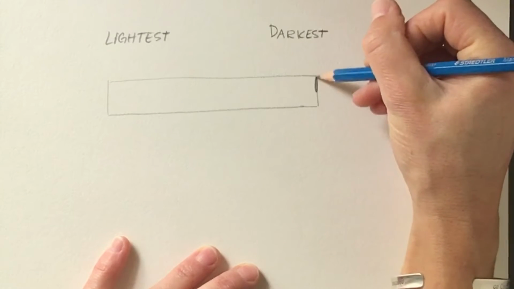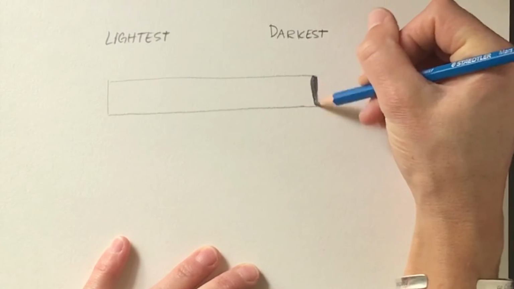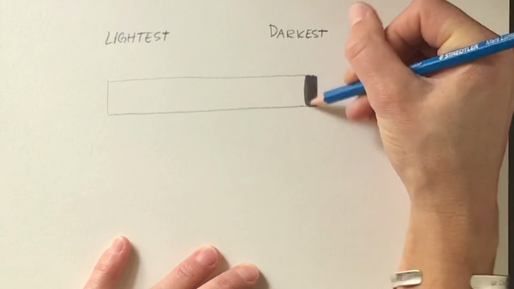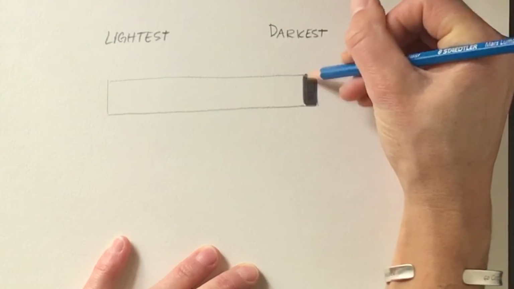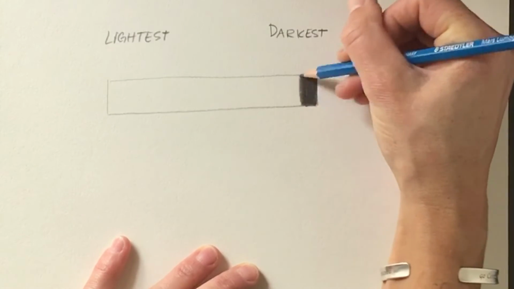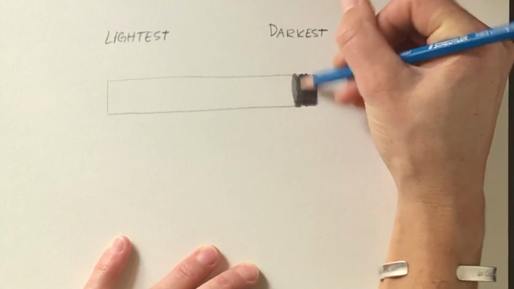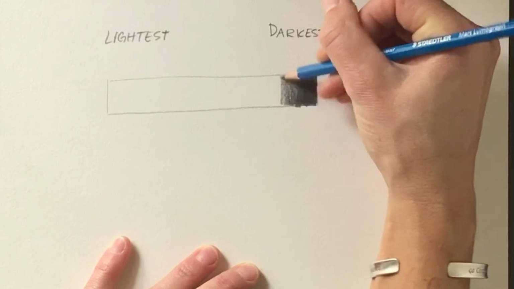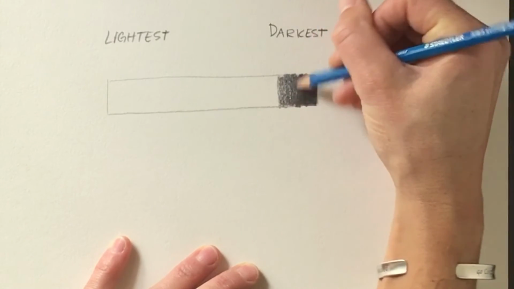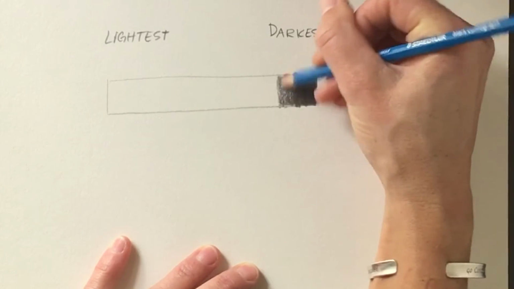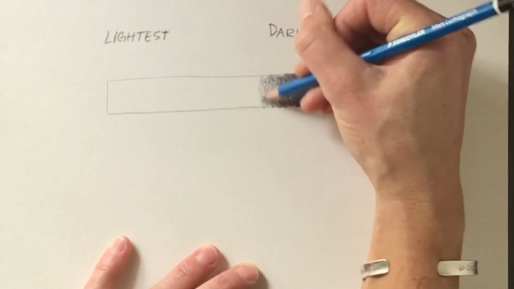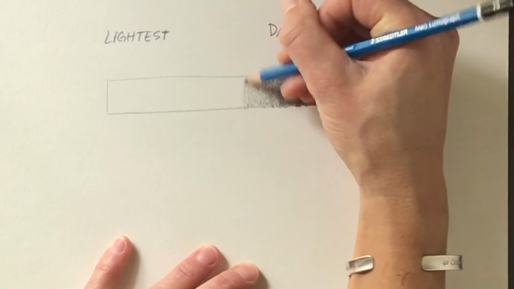But I'm going to start by pressing really, really hard with my pencil. And I'm going to work from really dark, hard pressure to lightening my pressure on my pencil. I'm trying to create as many different shifts in value as I can identify, and then I will number them out.